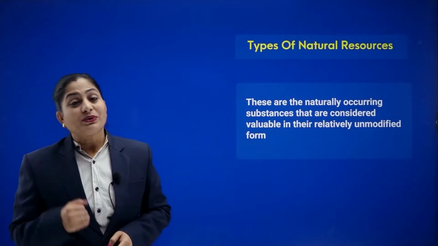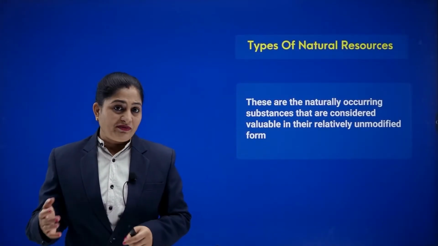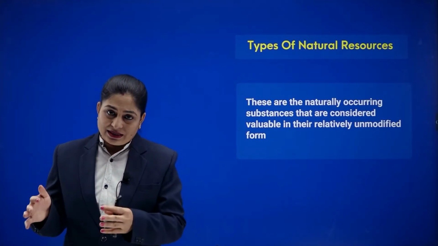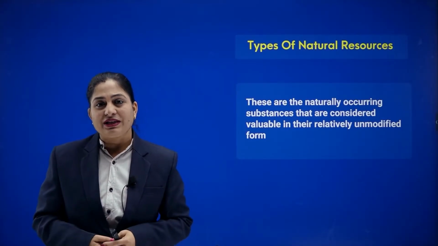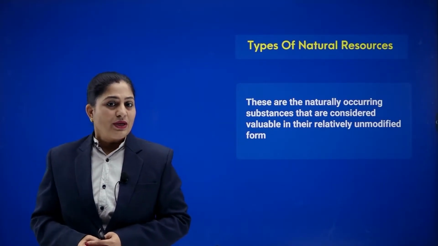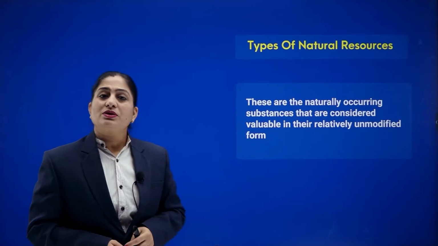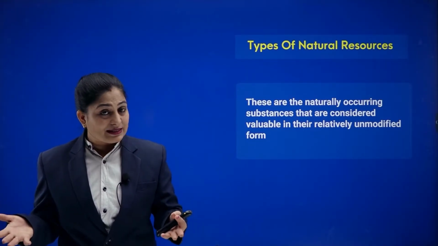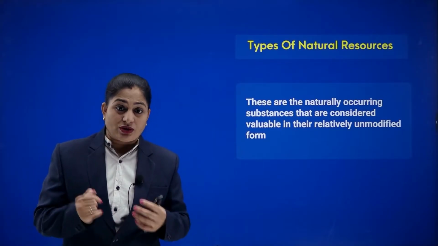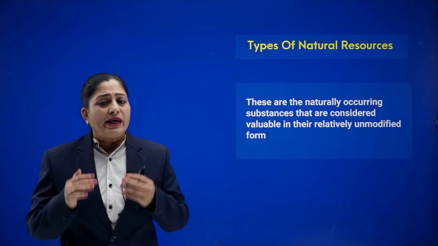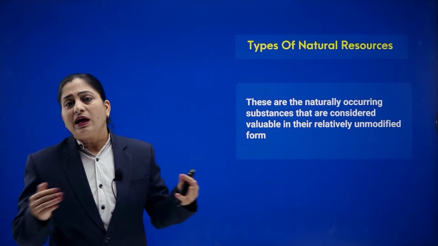Now let us talk about the types of natural resources. When we have discussed so many examples of natural resources, for better classification and better understanding we need to classify them. When we talk about the types, we say that these are naturally occurring substances, as I said again and again, found in nature, and they are considered valuable in their relatively unmodified form.